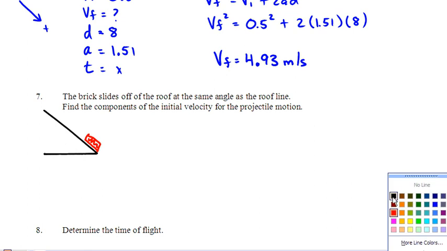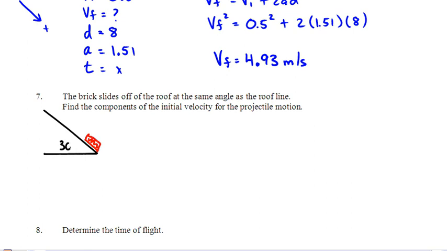I've exaggerated the angle on that roof a little bit. It's a 30-degree angle in there. When that brick comes off the roof, it's going to be going in a direction that follows the roof. So this number here is your 4.93. I've rounded a little bit on that number. And we're going to take that and say, okay, that's great, but if we want to do our usual method for projectiles, it works really nice to be thinking about left and right and up and down. Kind of got like a little X shape going on with the angles.